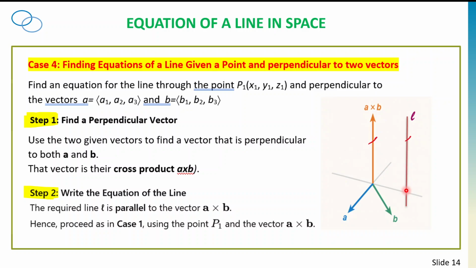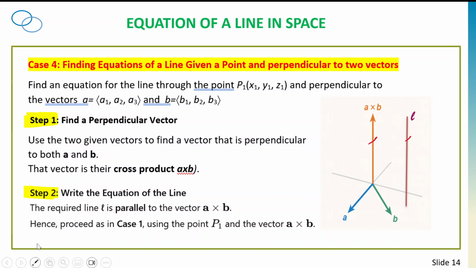And I have this line, the one we need to find its equation, L. This line is perpendicular to both of these 2 vectors. Now I'll use the idea of the cross product. What do we know about the relation between the cross product and A and B? It's perpendicular to both.